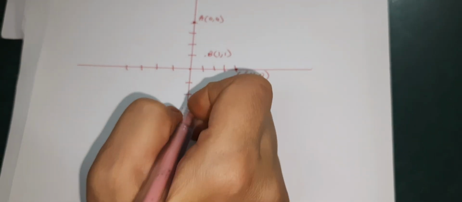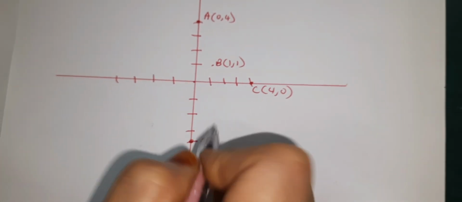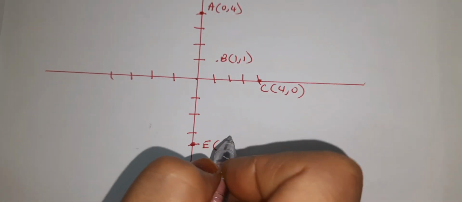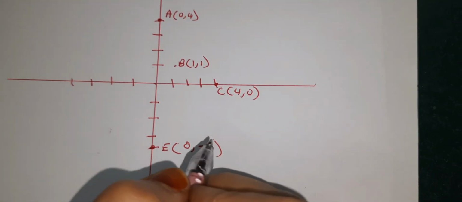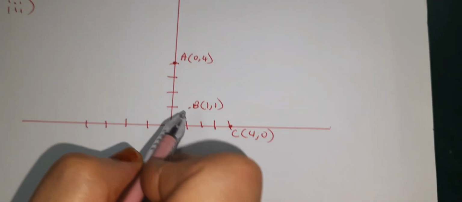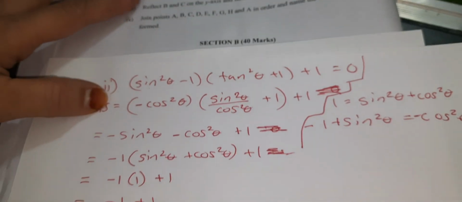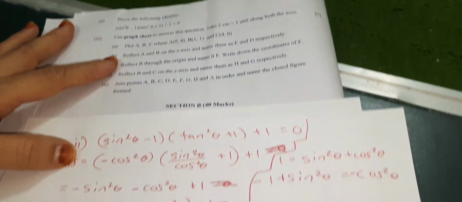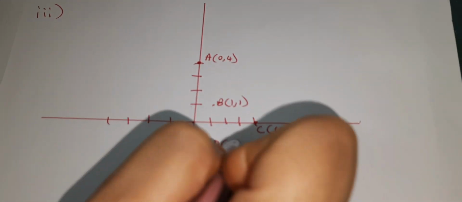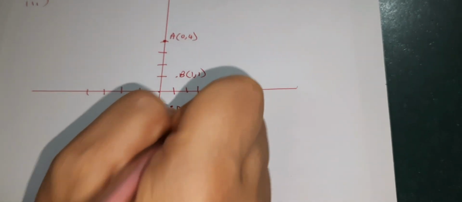They want to call this E. And the coordinates here are 0, minus 4. And if we reflect B in the x-axis, it will be right here. Call that D. This will be 1, minus 1.